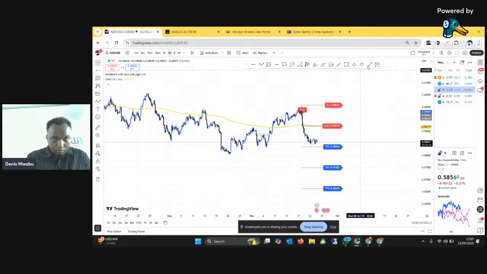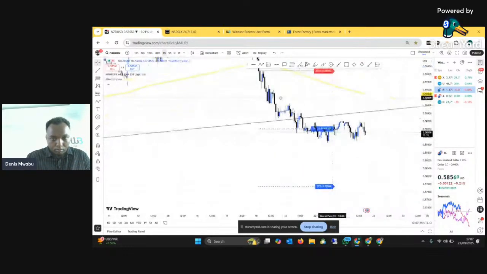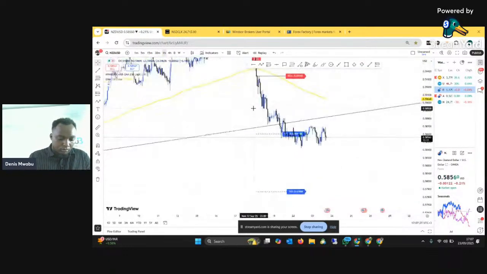Around 180 pips. A fall on gold. Not yet. It might print even on 1 minute, I think. Yes, it has printed. Good. So I'm waiting for that pullback.